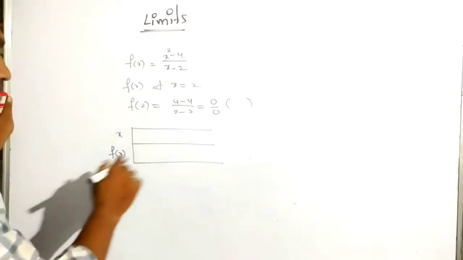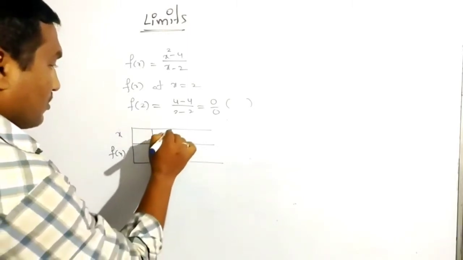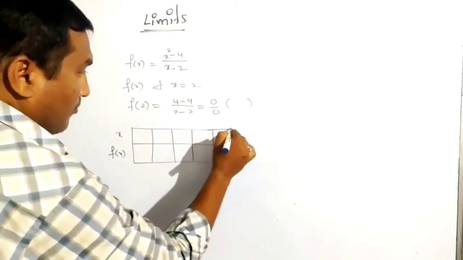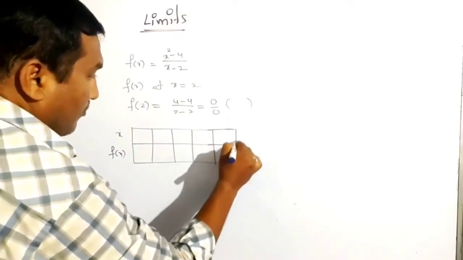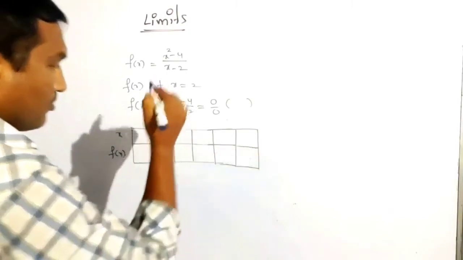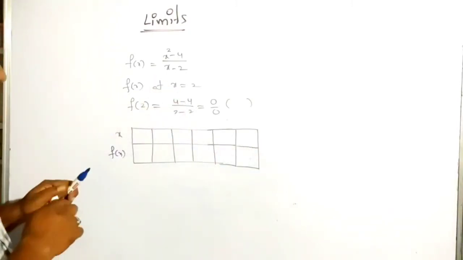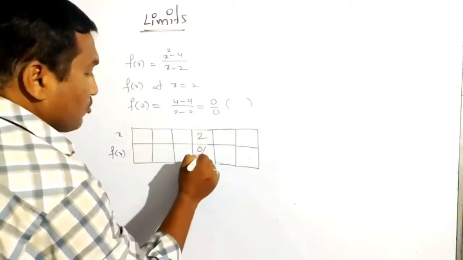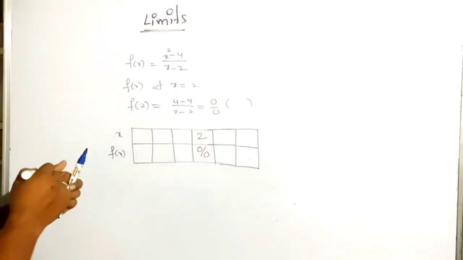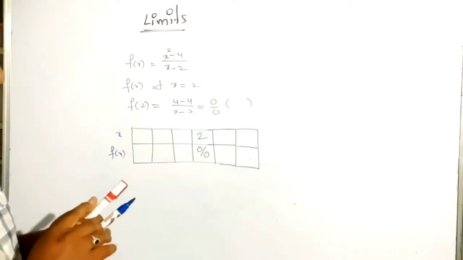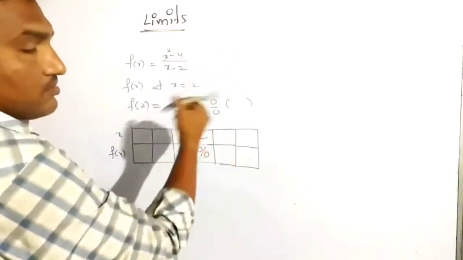Now at x equal to 2 the value is 0 by 0, which is undefined. So we have to find the nearby values of f of x.